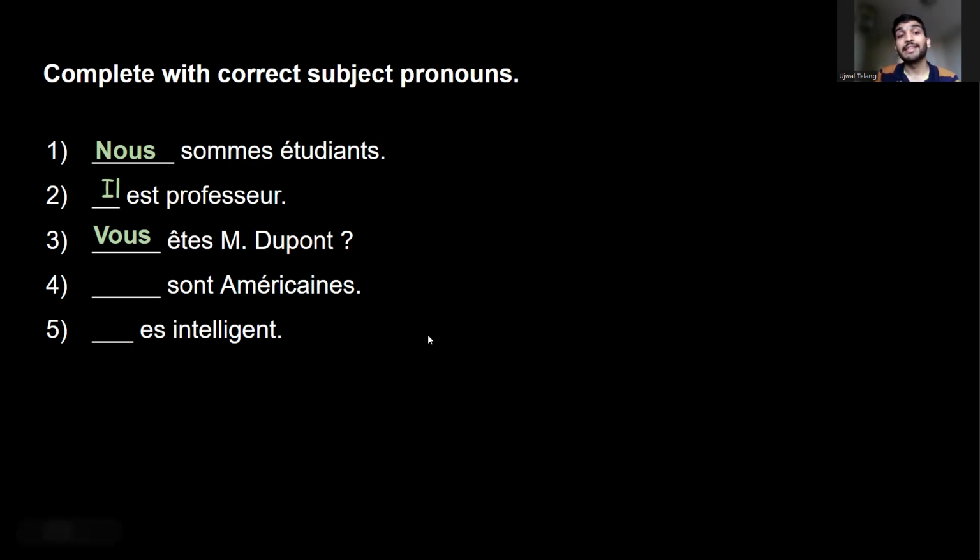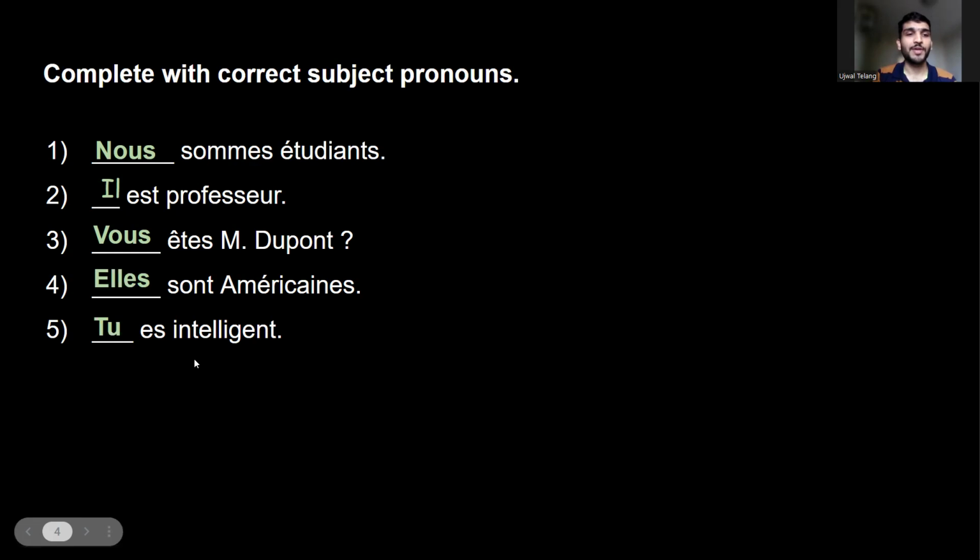So in this case, they are Americans. It's going to be elles sont américaines. They are American, so they're Americans. They're American women.